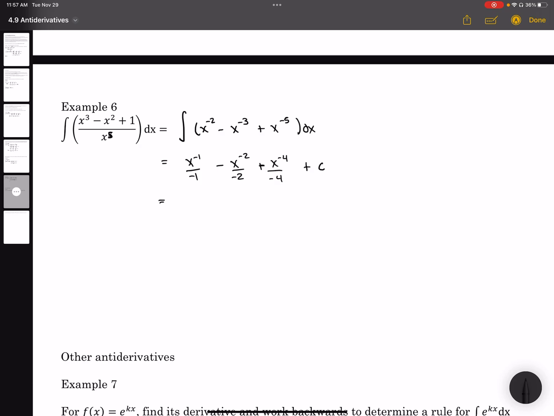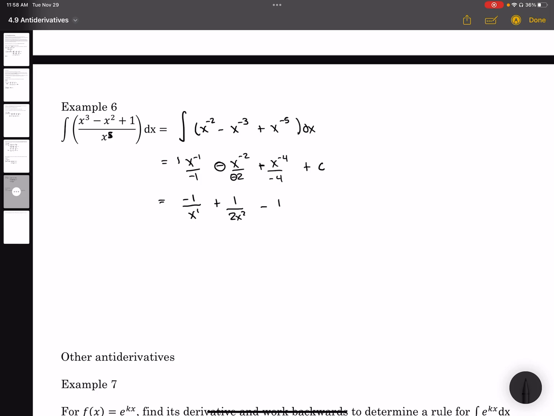And again, fully simplified, that's going to be negative 1 divided by x to the first. We did not switch places with the negative 1 and the x. 1 divided by negative 1 is negative 1. And so then we're going to get plus 1 over 2x squared because this negative divides in that negative and makes a positive. The 2 stays in the denominator.